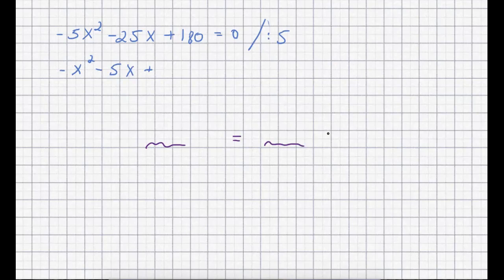You can do anything you want, as long as you do it on both sides. You can divide both sides by 5. You can divide both sides by 120. You can divide both sides by 2.4.75. It doesn't matter. As long as you do what you do on both sides, that's fine.